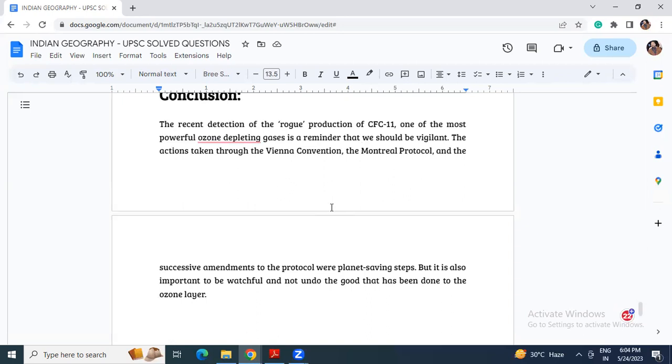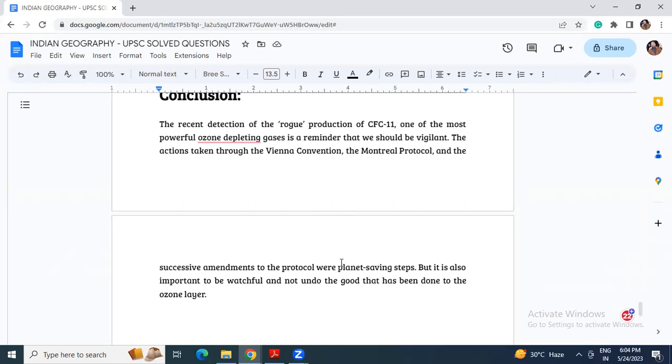The actions taken through the Vienna Convention, the Montreal Protocol, and the successive amendments to the protocols were planet-saving steps, but it is also important to be watchful and not undo the good that has been done to the ozone layer. So we have seen the rogue production of CFC-11, which may again fuel the depletion process of ozone.